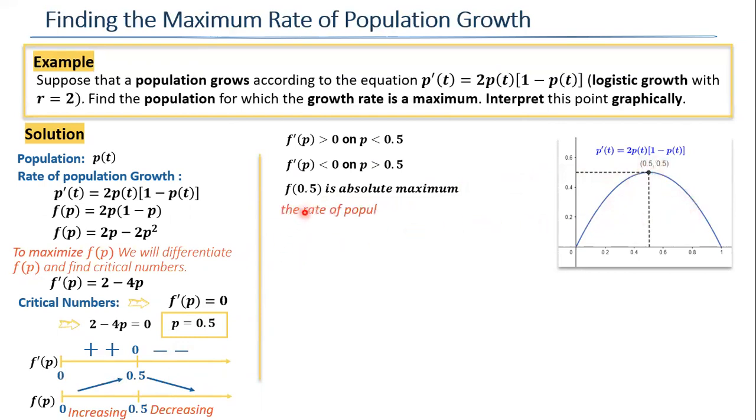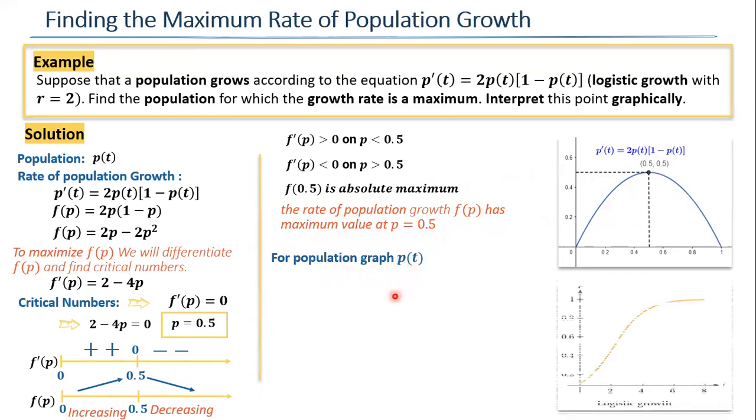Okay. The rate of population growth, f of P, has its maximum value at P equals 0.5. For the population graph P of T, this is the rate of change, okay, but this is the population graph.